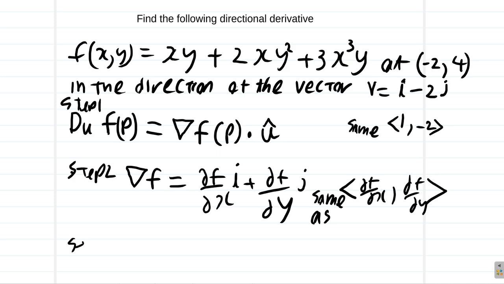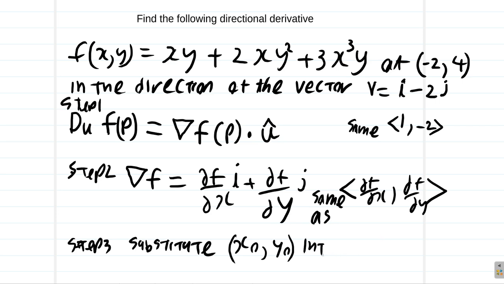Now, step 3, you're going to substitute x naught and y naught into the gradient vector. You remember what I call x naught and y naught, or x0 and y0? That is where you start the movement.